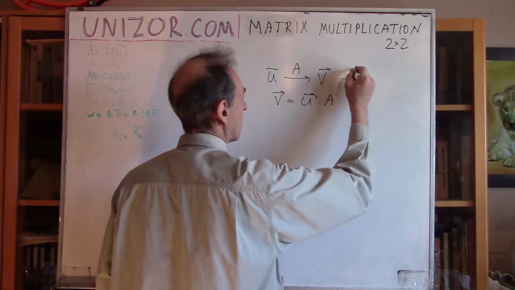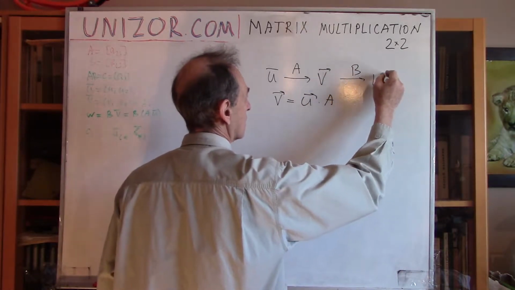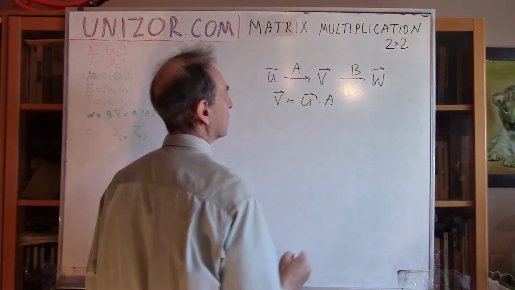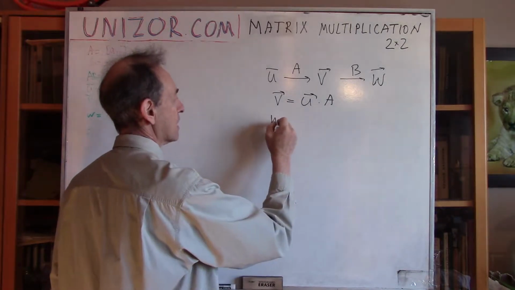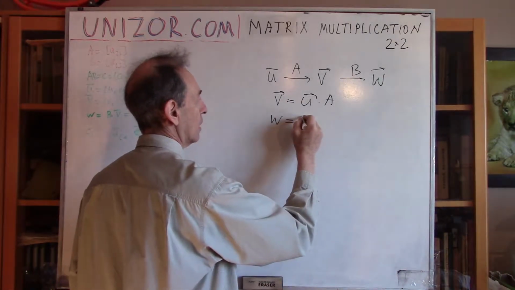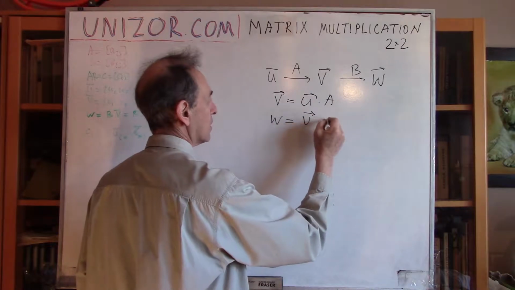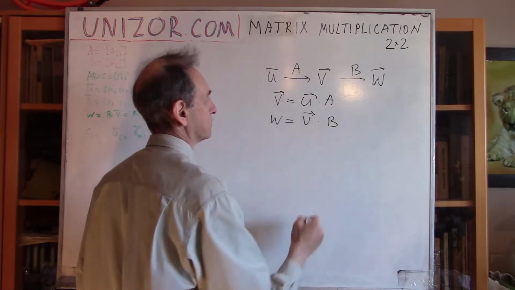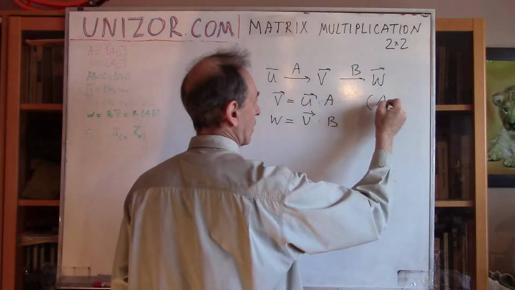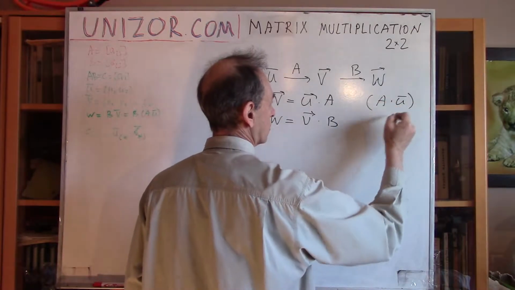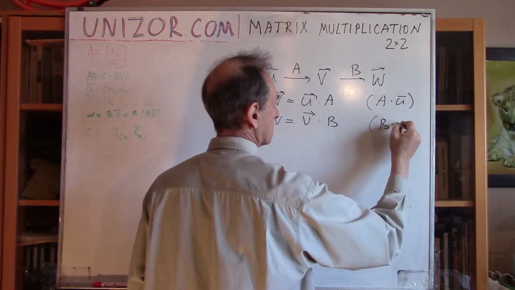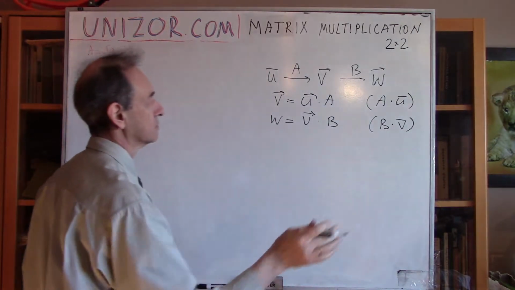But then if you have a next transformation into vector w, then you can say that w is equal to v times B, or B times v, depending on the convention.